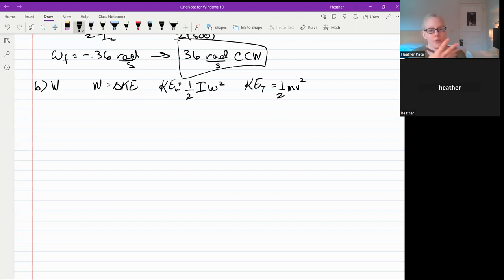So using our conservation laws again, or equilibrium, we know that the change is going to be the final minus the initial, and that we can figure out just with what's given. So I guess we don't even need to use equilibrium yet for this one because we're looking at work.